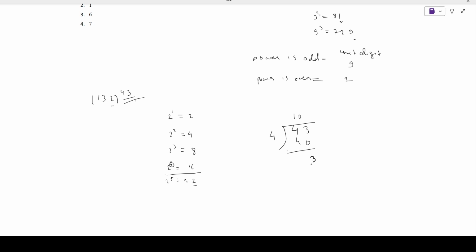You put the remainder as the power for the unit digit we are asked to find. 2 to the power 3. So the answer will be 8.